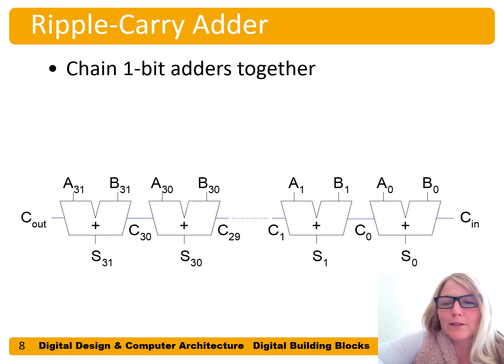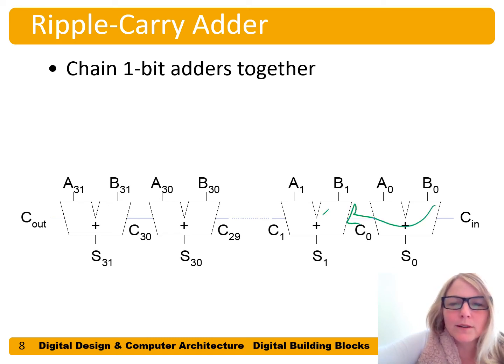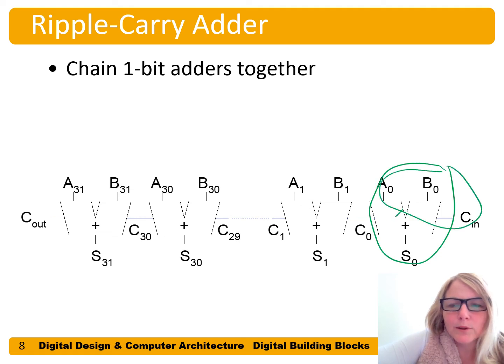If we put our numbers in A and B and are waiting for the result, the slowest path is through the carry chain. And so if we're thinking about this for 32 bits, we have one full adder delay, the delay to take these inputs and produce that carry out output. And then that comes in, another full adder delay to produce the carry for the next column, C sub 1, and so forth.